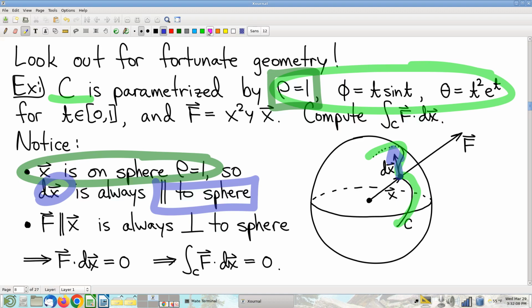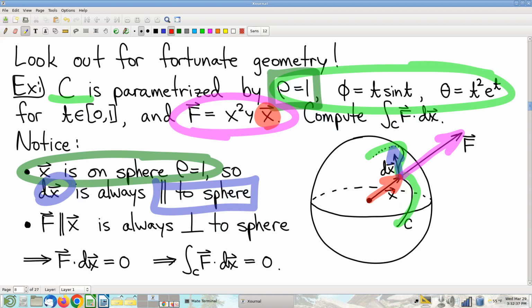Next observation, let's look at the vector field. Notice that our vector field, also something really nice I can say about it geometrically, is a scalar multiple of the position vector. And the position vector, for a sphere centered at the origin, you gotta love spheres, the following property is unique to spheres centered at the origin: the position vector is always perpendicular to the surface.